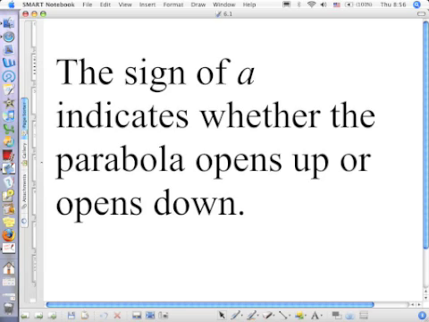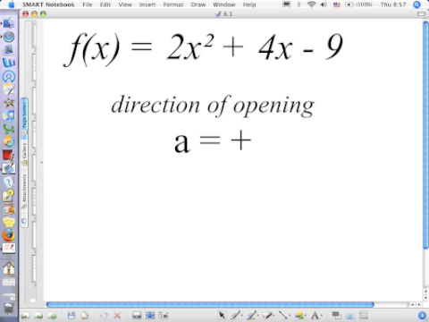It's close, okay? But not really, because that had a lot of other stuff involved. So let's just take a guess. If the x squared term is positive, do you think it opens up or down? Yay. Good job.